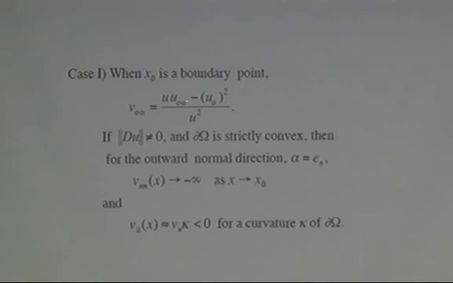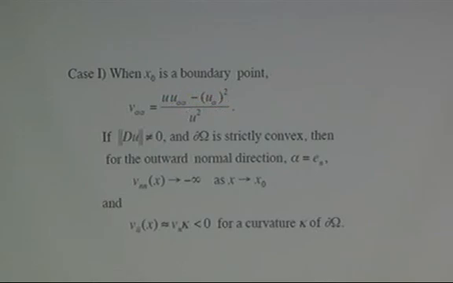Alpha could be a tangential direction or a normal direction. And if alpha is a normal direction, and let's say the second differential of this u is uniformly bounded, that is a very tricky part too, but at least in the Laplace case, it is okay. And if that one is bounded, and let's say u goes to 0, then this one goes to 0, but this one goes to a negative value. So all of these go to a negative value.